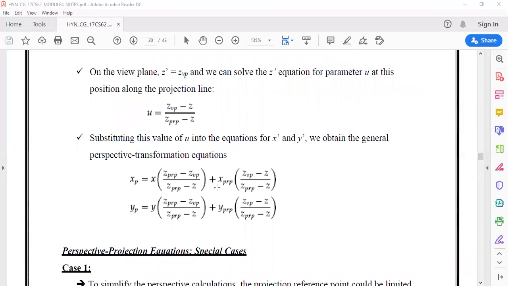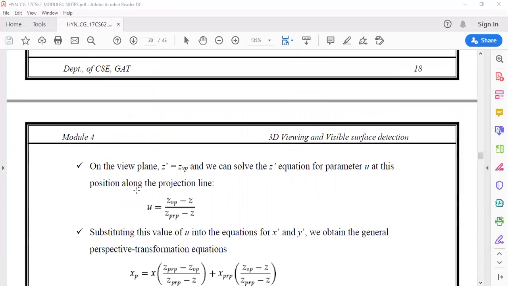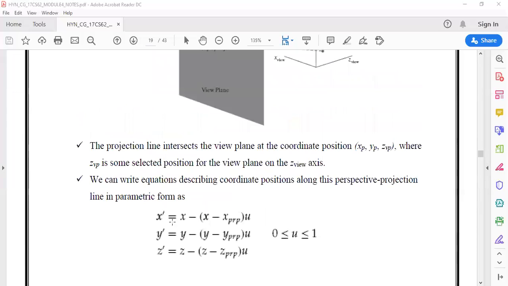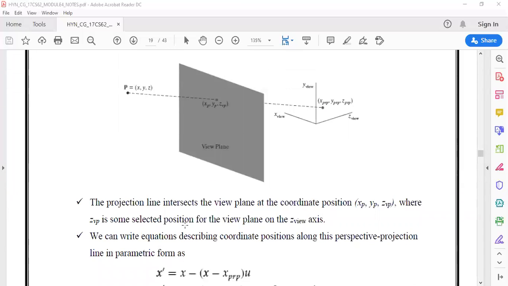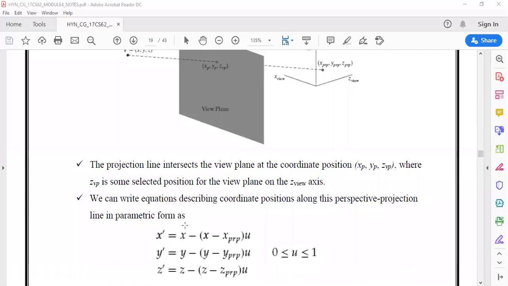Here xp is nothing but the difference between x and x dash. So x minus x dash is xp, and y minus y dash is yp.